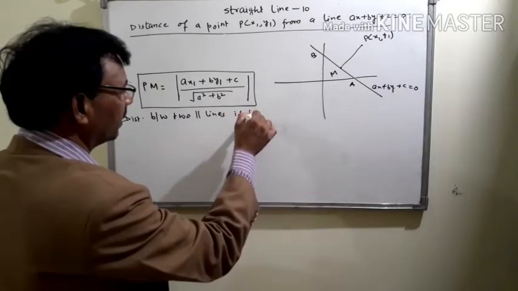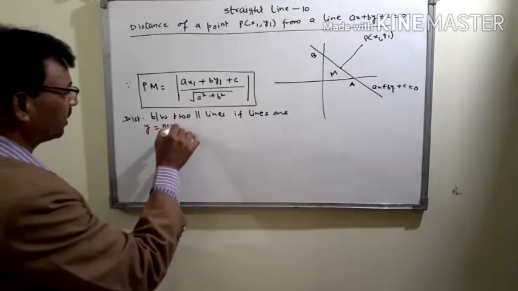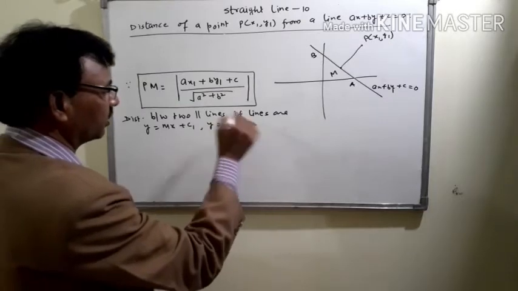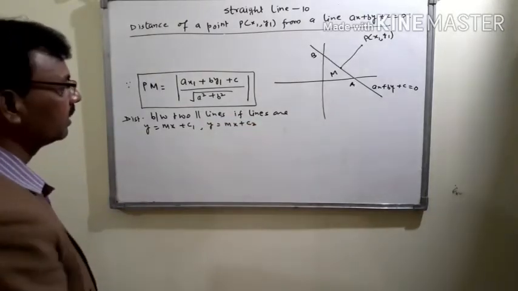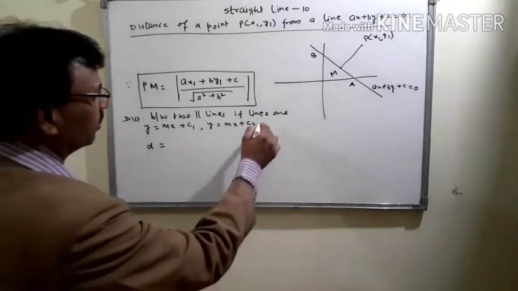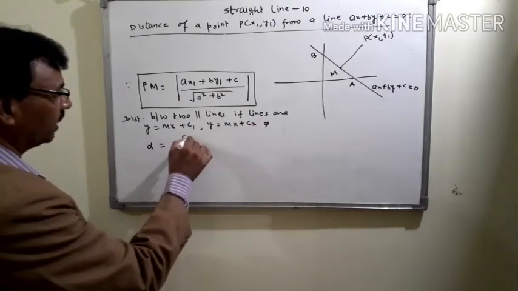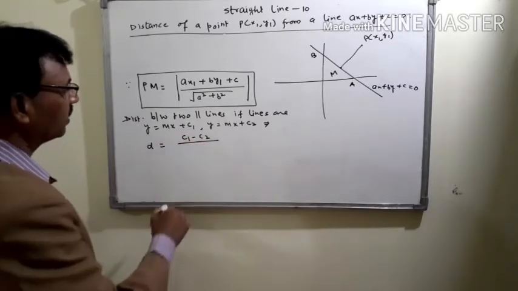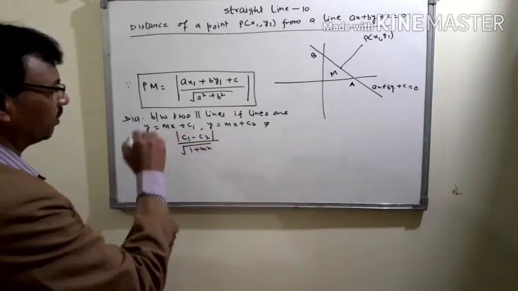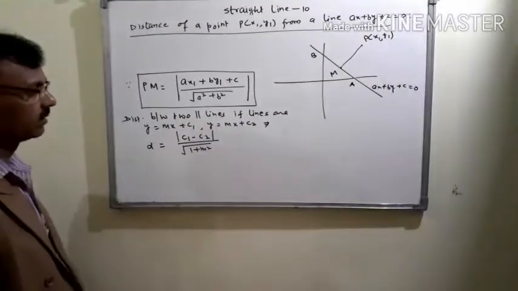If the lines are y equal to mx plus c1 and y equal to mx plus c2, these two lines are parallel, then the distance between both is represented by d equal to mod of c1 minus c2 whole upon root under 1 plus m square, where m is the slope of both lines.